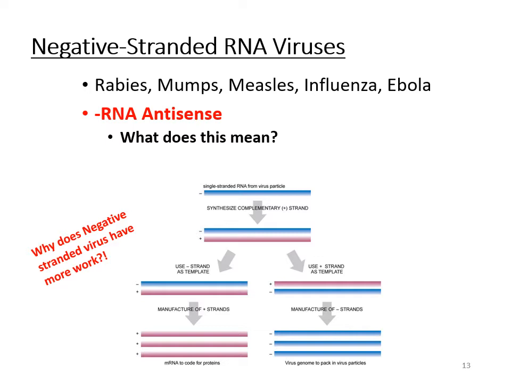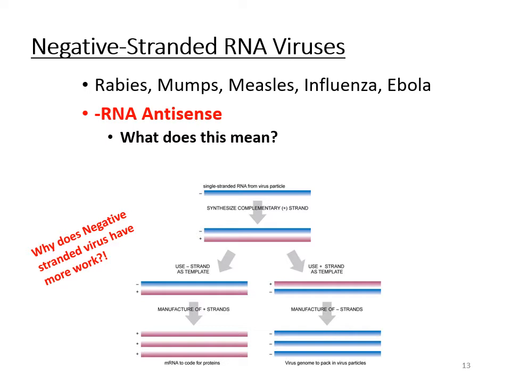Well, its genome is minus RNA. So it can make more copies of that, and yay, it's done its genome job. But if it wants to make proteins, what's currently the problem? It needs positive strands. Positive is for protein. So the negative strand now has to make copies of its complement. It cannot get by with just negative stranded RNA.